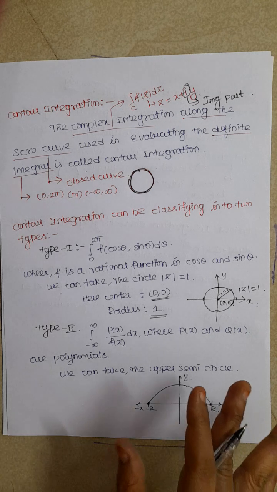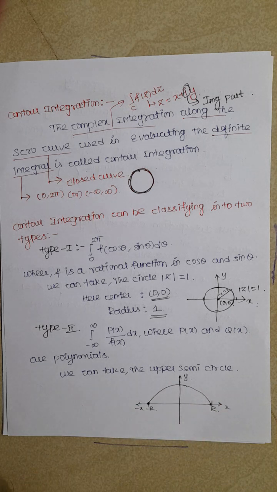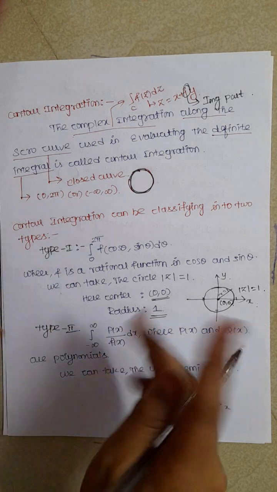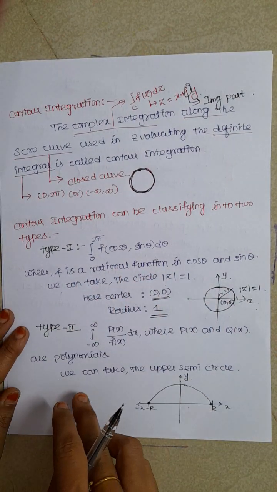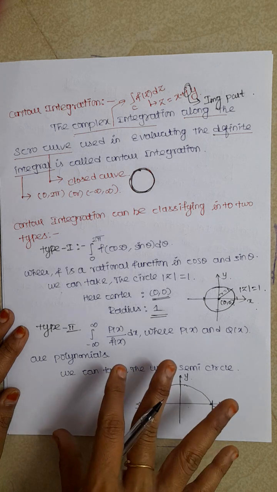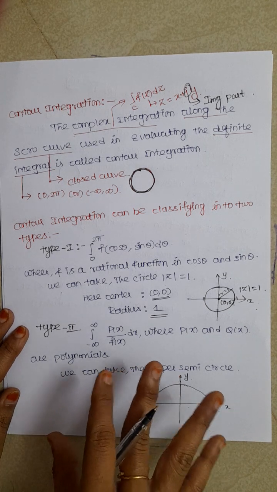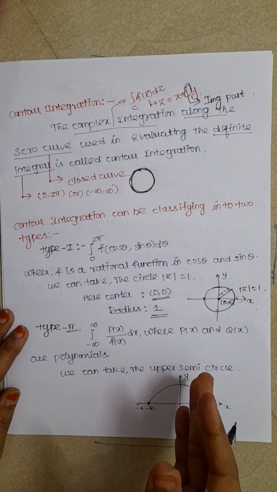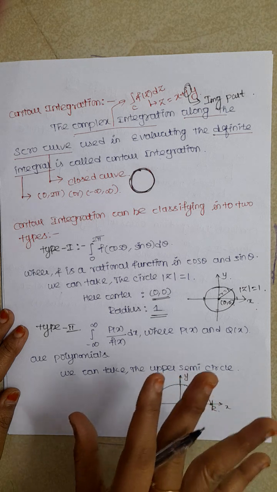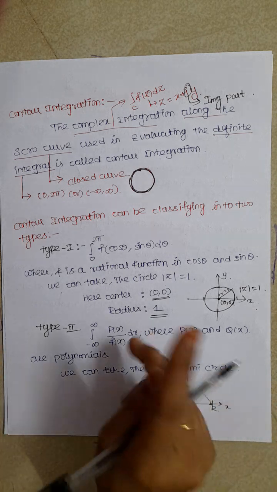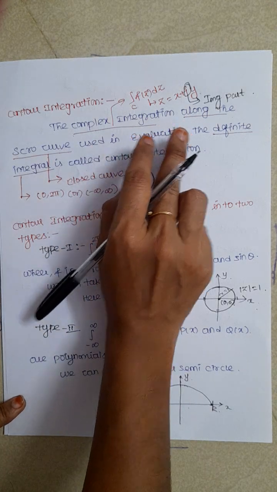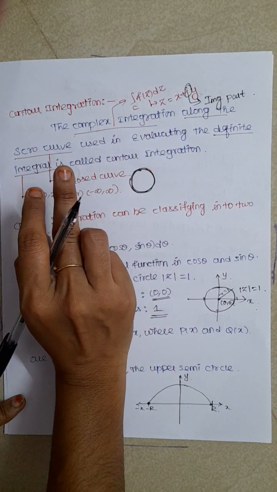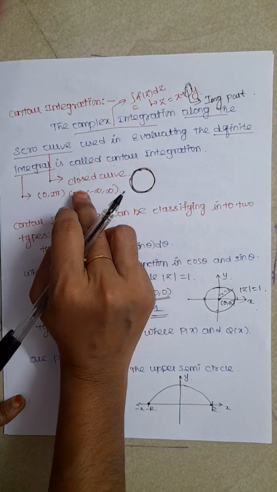Are you clear what contour integration means? Contour integration is classified into two types: first, 0 to 2 pi; second, minus infinity to plus infinity. Let's solve the problem. Contour integration means the complex integration along the closed curve, used in evaluating the definite integral.